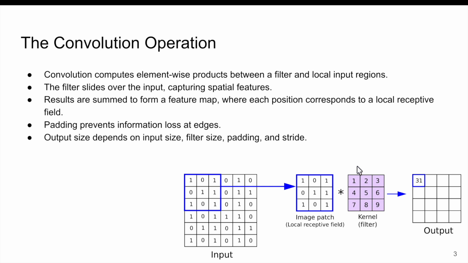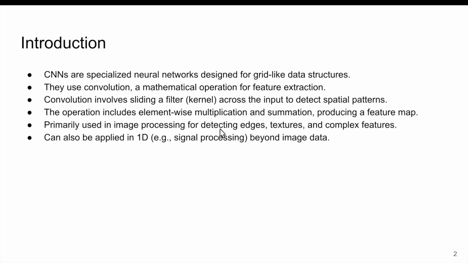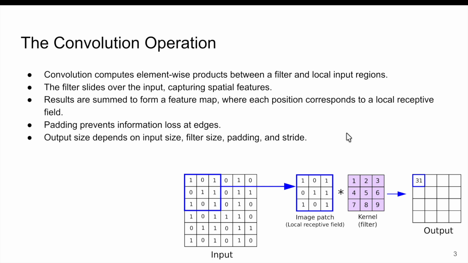So there are specialized kernels to detect all these things, as we have seen over here. It was mentioned that for detection of edges, textures, complex features, there are specialized kernels which can be helpful.